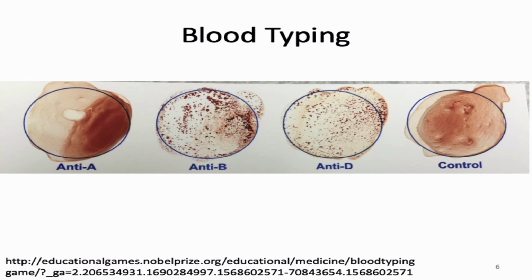But basically what you do is you have a card and you drop some antibodies on the card. You use a little dropper bottle and you put antibodies on the card.